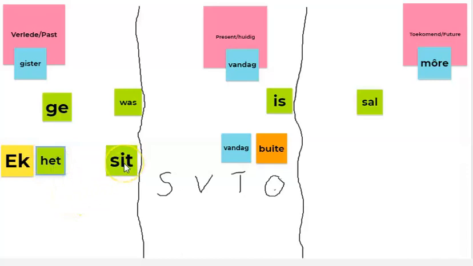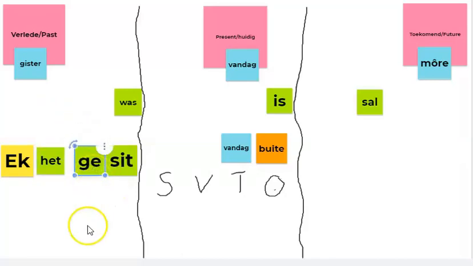And as sit goes to the back of the sentence, it changes because it had to put on one of these things that you put on your head to protect it, like a helmet. And then ge, because it's hurt now, gets the ge. All right. So there we have ek het gesit.